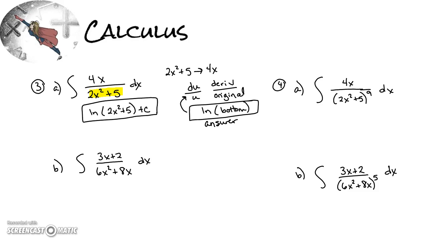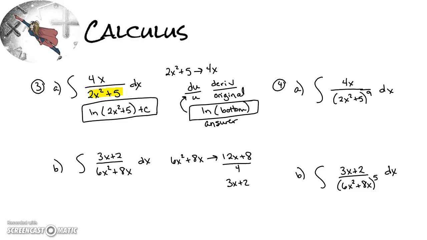All right, now look at part B. The bottom has the higher powers, so if I test this out, 6x squared plus 8x, if I take the derivative of that, I get 12x plus 8, and if I divide 12x plus 8 by 4, I do get 3x plus 2, which is what's sitting on the top of my integral.